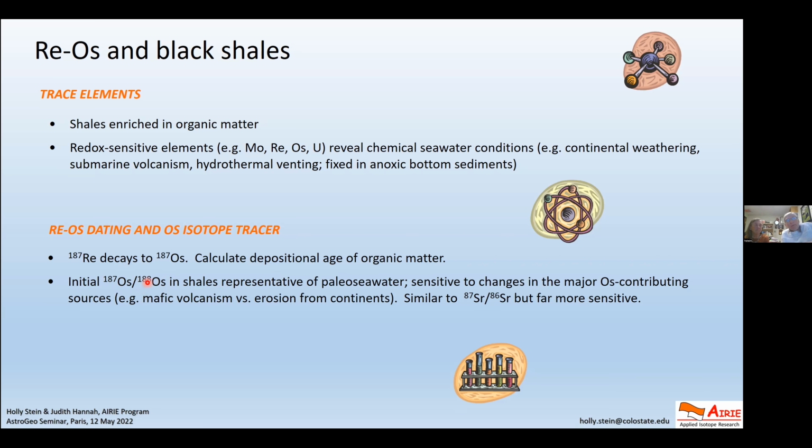Crustal rocks that have a lot of rhenium in them that are old, for example, those numbers that we measure can be in the range of 1 to 10. So you see a very big difference between a mantle signature and a crustal signature for an osmium ratio.